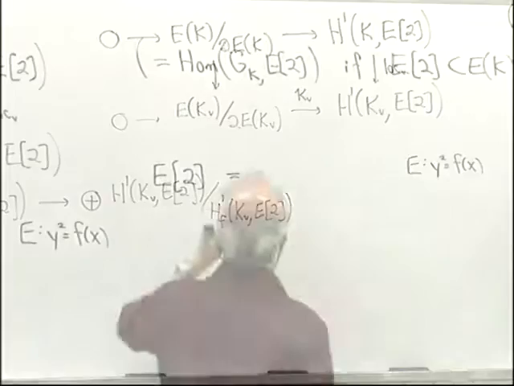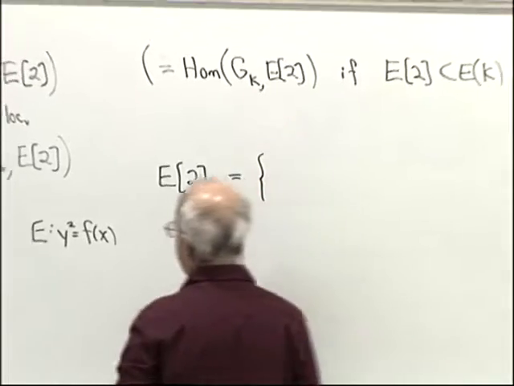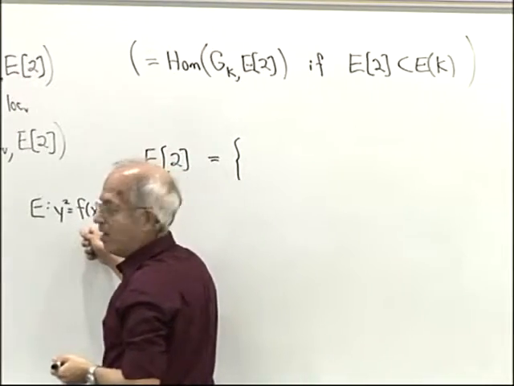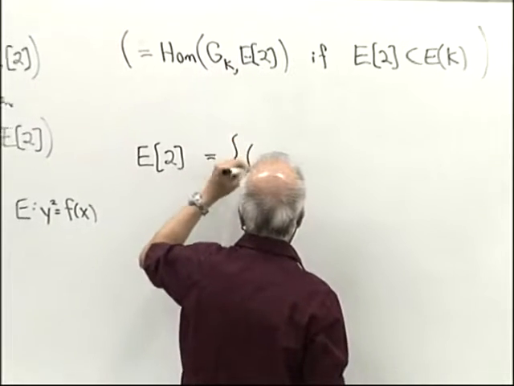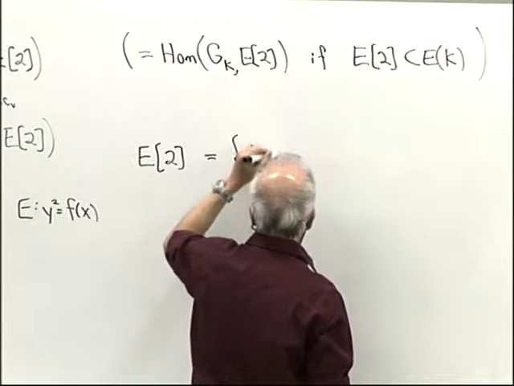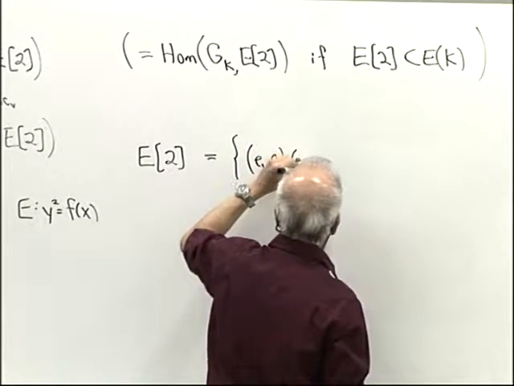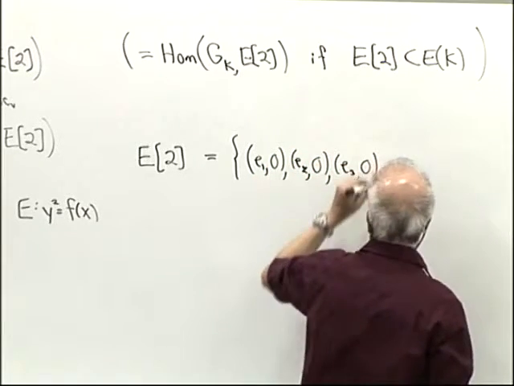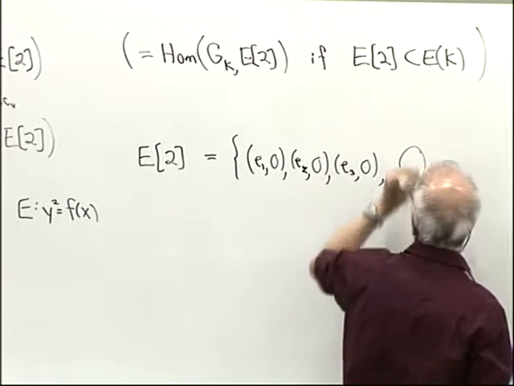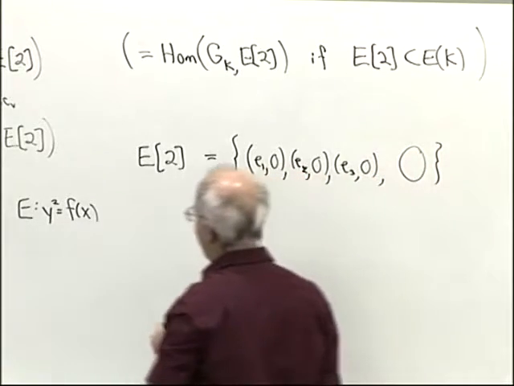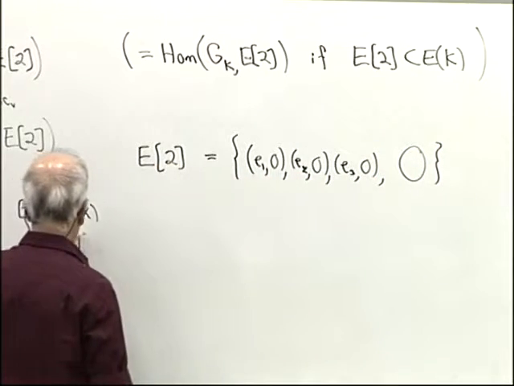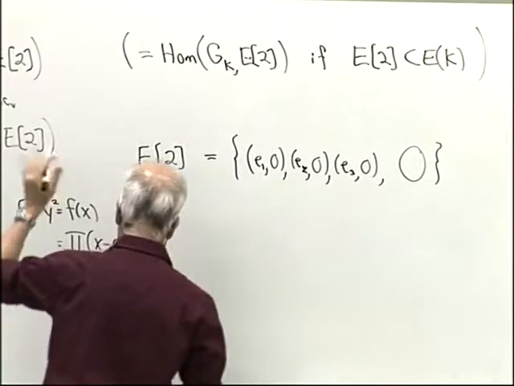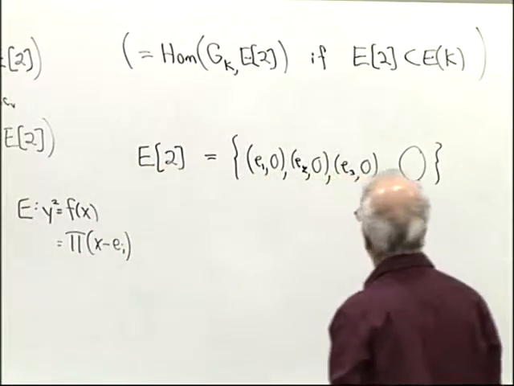So the 2-torsion is just the points where y is 0, and we take the roots of f. So we've got (e1, 0), (e2, 0), (e3, 0), and the origin, or the point at infinity, where f of x is just the product of (x minus e_i), factored over the algebraic closure K bar.